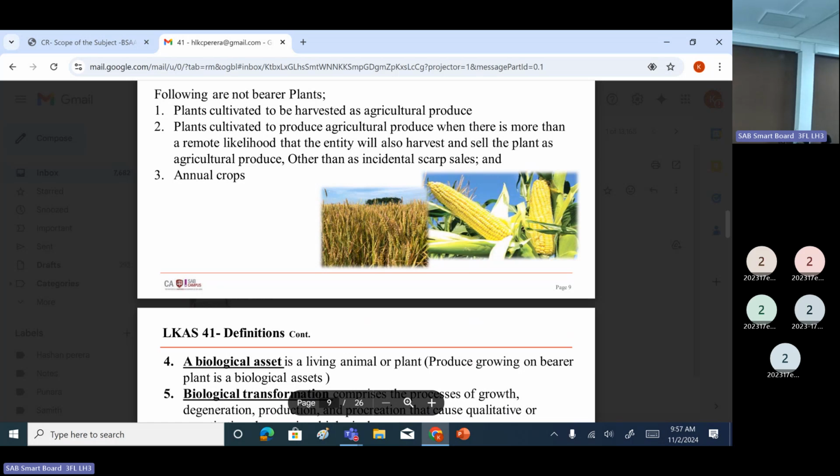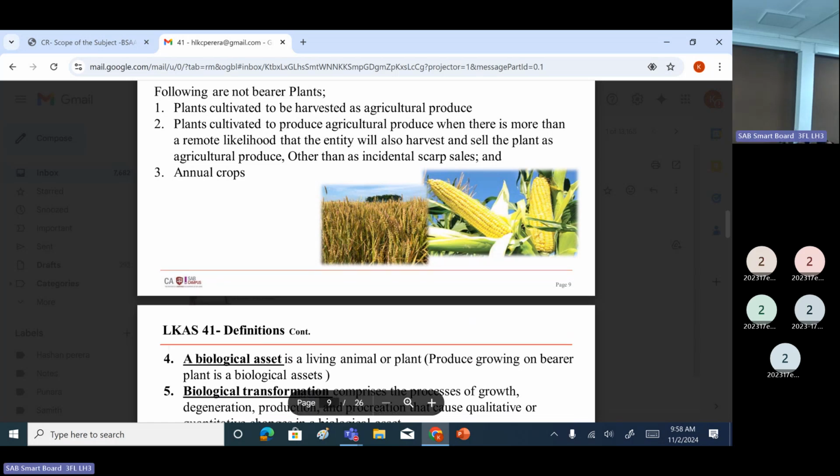You can read through these things. These are the words I have extracted from the standard. You can slowly go through the standard and read some articles related to it. This is the point you need to start your learning curve about the agricultural aspect. Then only you can enhance your knowledge. Otherwise, if you depend on just the things we are discussing here, it may not be enough.